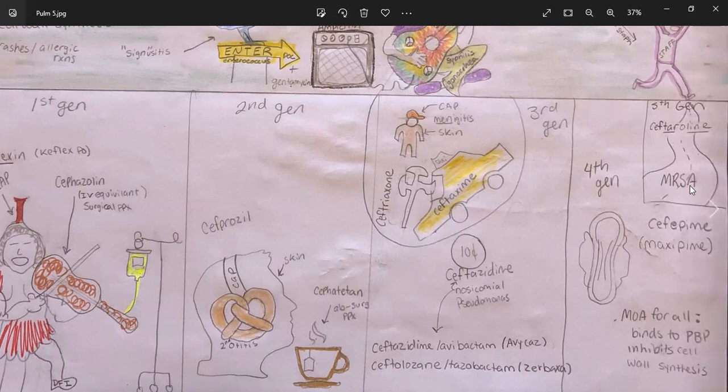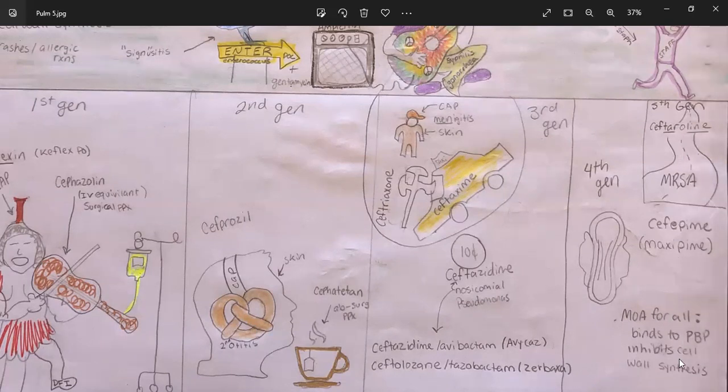And if you're standing in the road and you get hit by a car, you better have some mercy, I guess. Mercy, MRSA. So this is the only cephalosporin that treats MRSA.